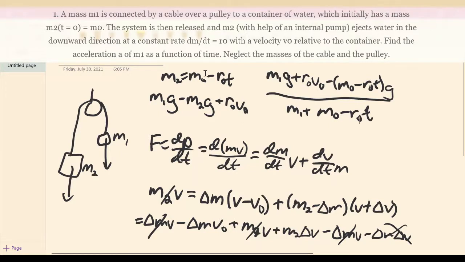So yeah, you can write this in a number of different ways, but basically this is just the answer to the first problem.